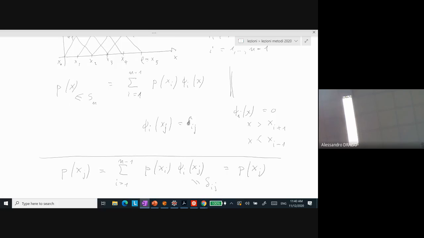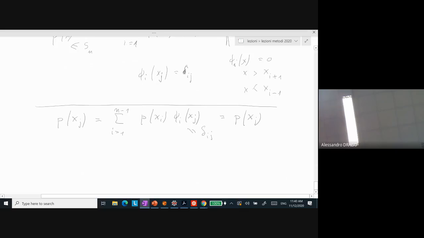So this basis, this set of functions, is sufficient, so to say, to expand whatever piecewise linear function. And actually, it is also linearly independent, in the sense that it is not redundant. It's trivial to check. It's essentially exactly the same calculation.